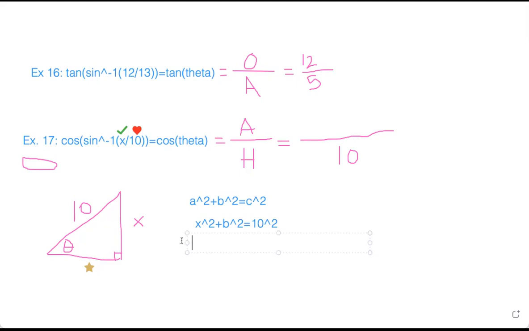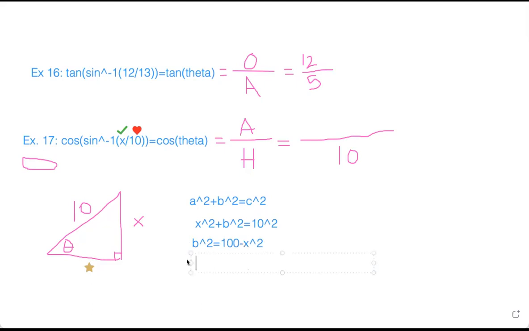Great. How do I get b all by itself? Minus the x squared, and then? Okay, so we have b squared equals 100 minus x squared, great.